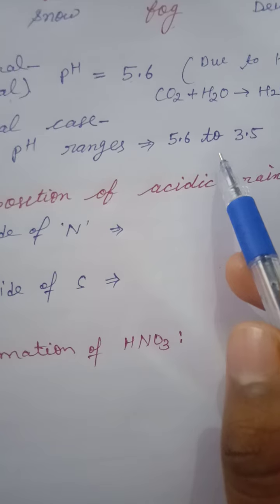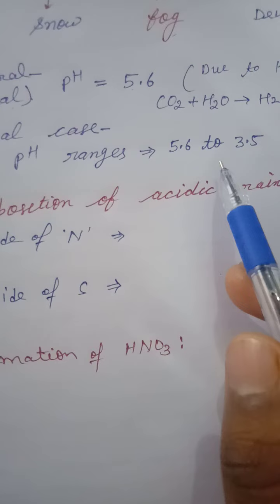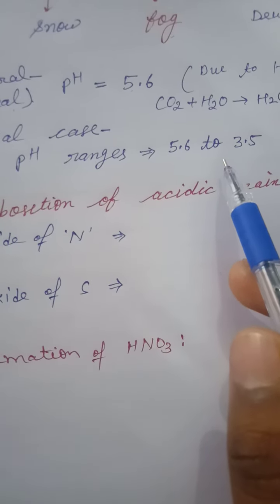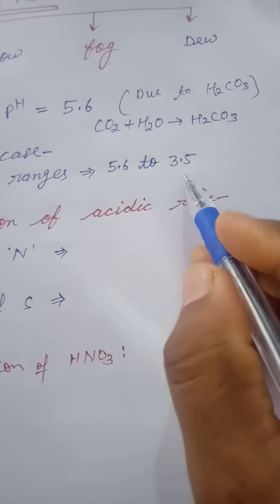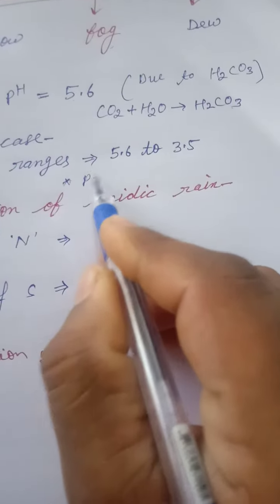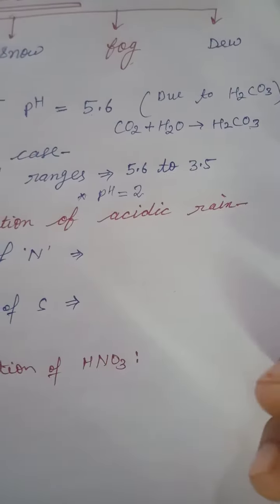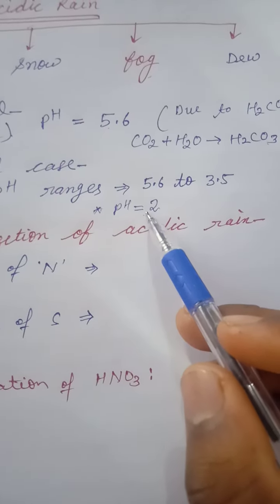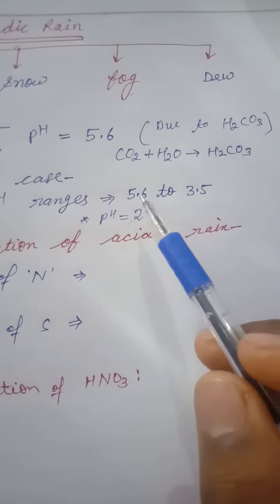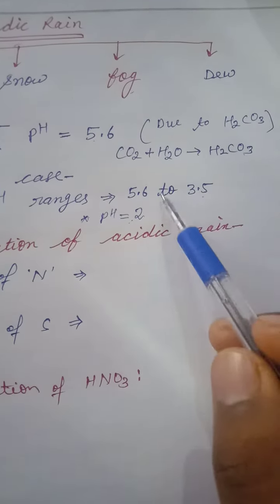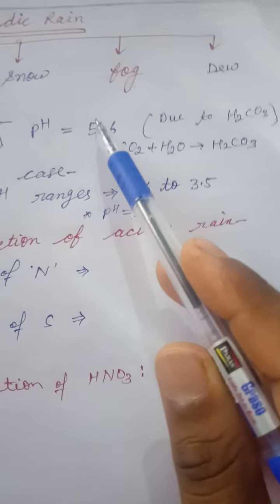But in some places it is found that the pH value of rainwater is 2. This is in special cases, it is hardly found, but generally we get acid rain from 5.6 to 3.5, and in most cases we get 5.6.